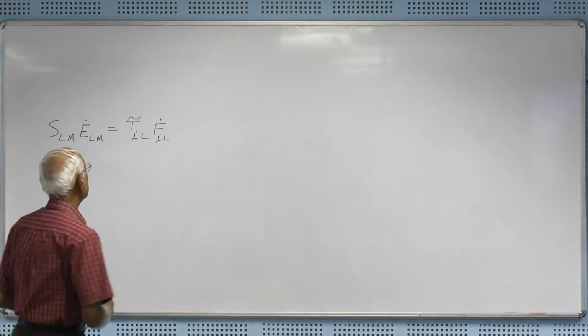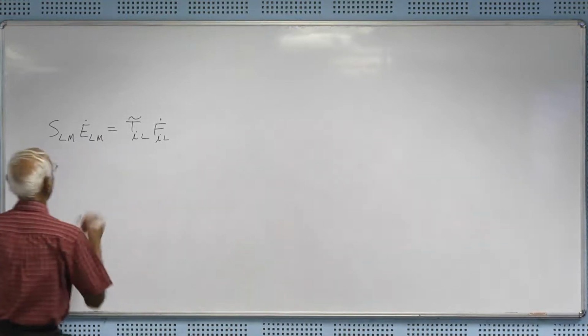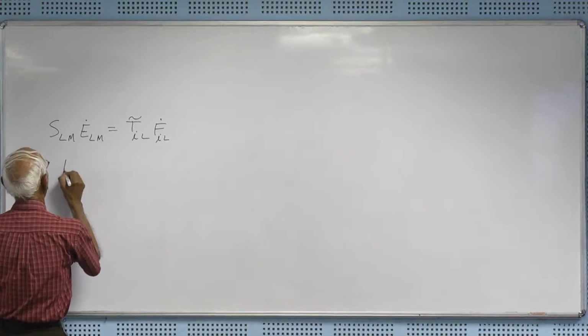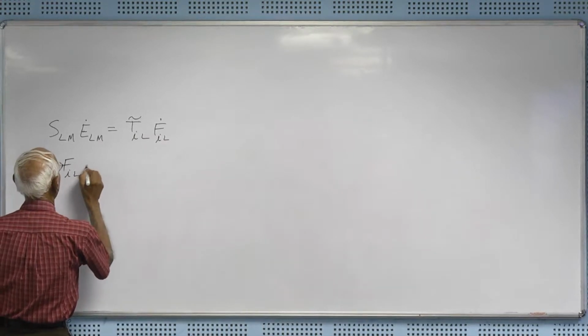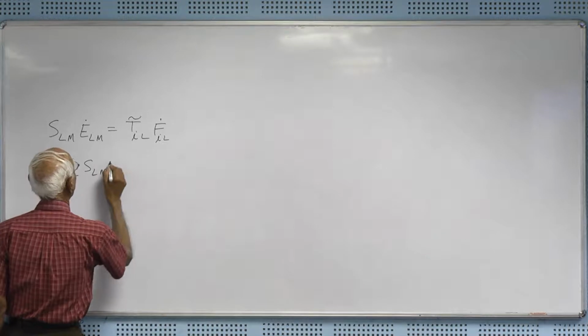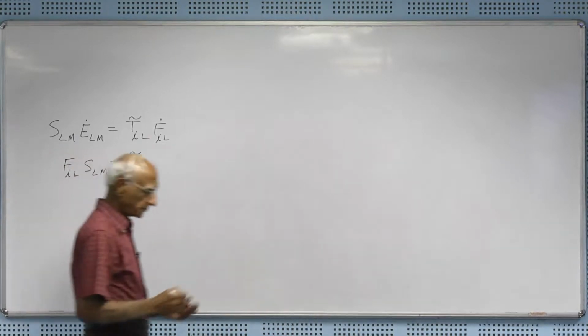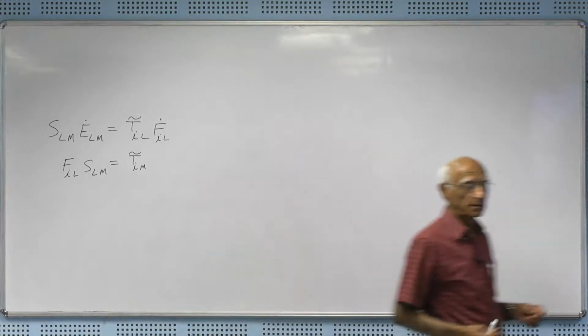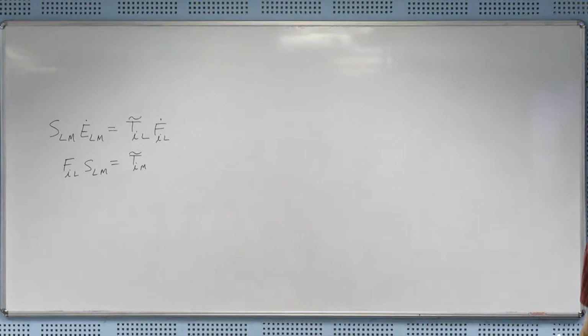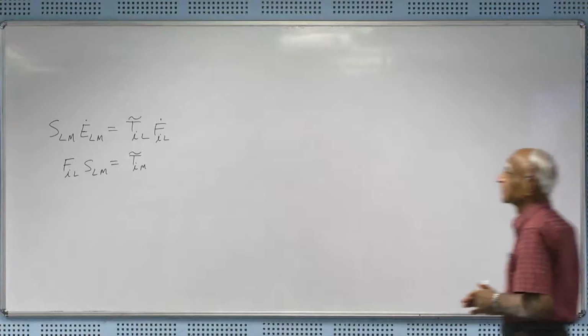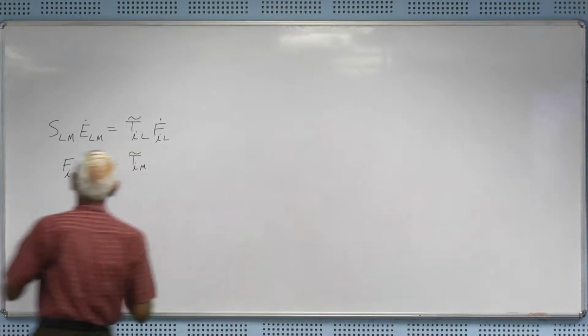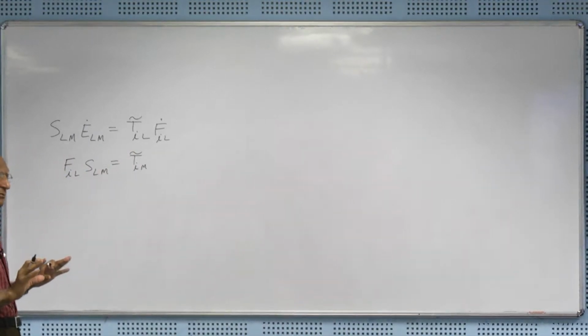And the relationship between T tilde and S is F_iL S_LM equals T tilde_iM. So T tilde is equal to F S. So my guess was right.